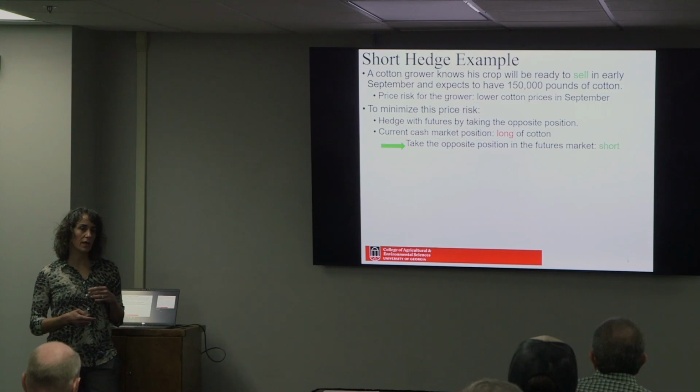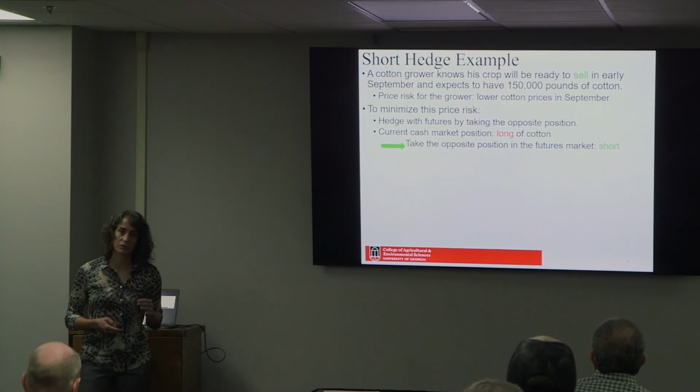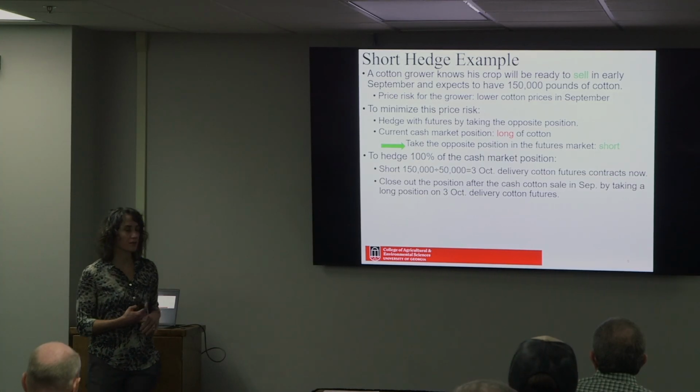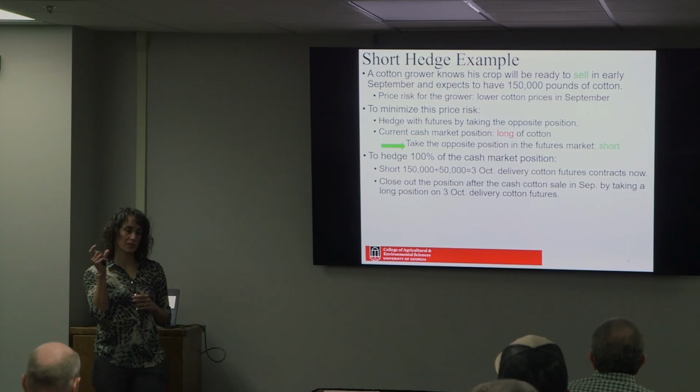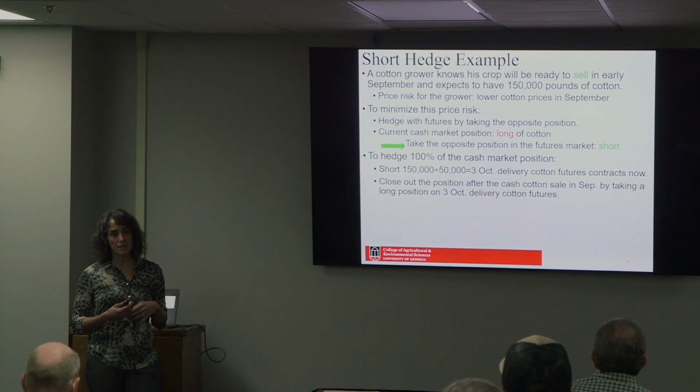If we are expecting to hedge 100% of the crop, then we need to hedge 150,000 pounds. I just divided by the size of one futures contract, that's 50,000 pounds. So that means I need to use 3 futures contracts.